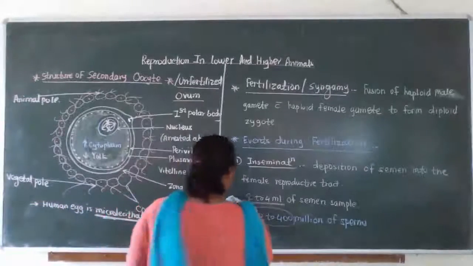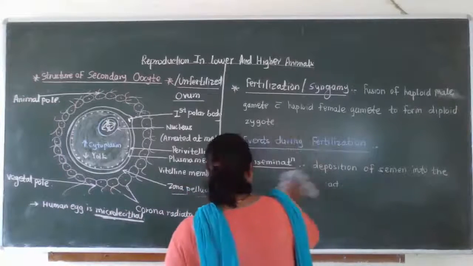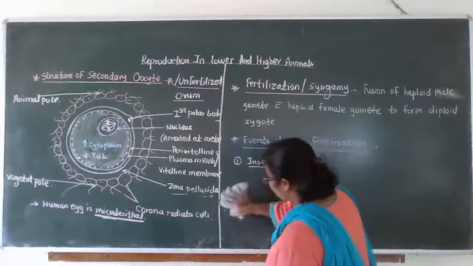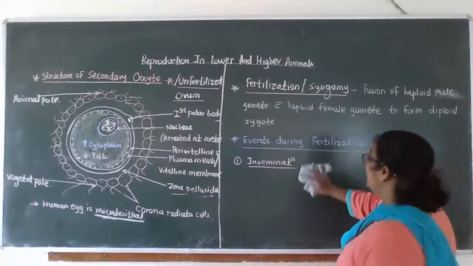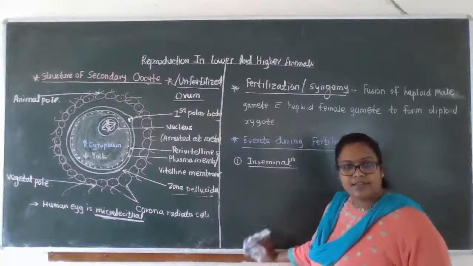You understood the meaning of insemination: deposition of semen into the female reproductive tract during the act of coitus.